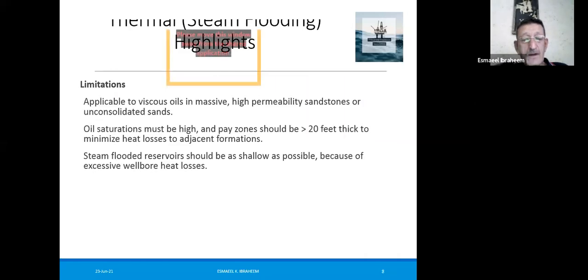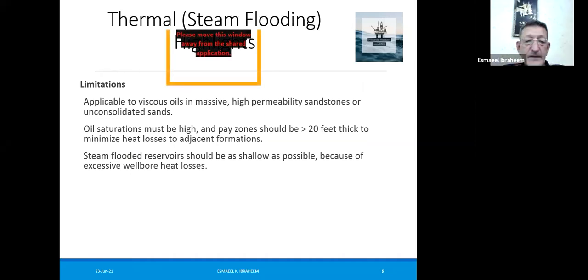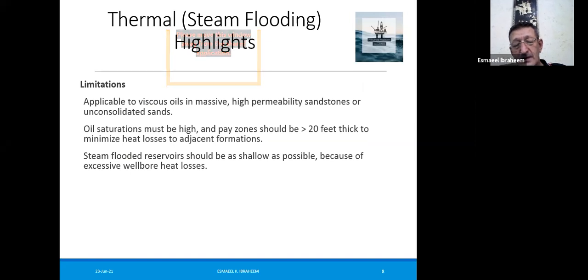But the limitations of this process are that it's applicable to viscous oil in massive quantity. You have to have a massive quantity of hydrocarbon, and this process will act on it by decreasing the viscosity of the oil.